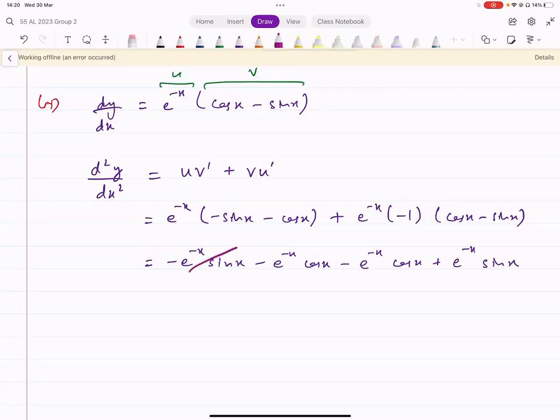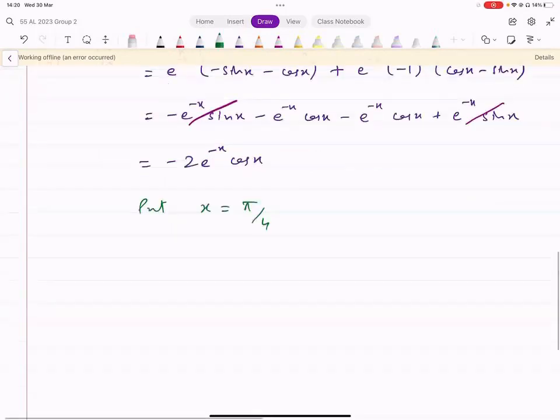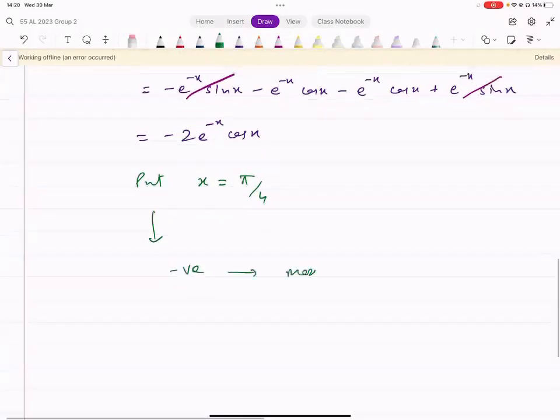Sin cancel हो गई and we are left cos x. इसमें क्या हो गया? वो x की value input कर दोगे pi over 4. When you input pi over 4 there, you'll get some value जो negative आ जाएगी और आप कहोगे this is a maximum point.